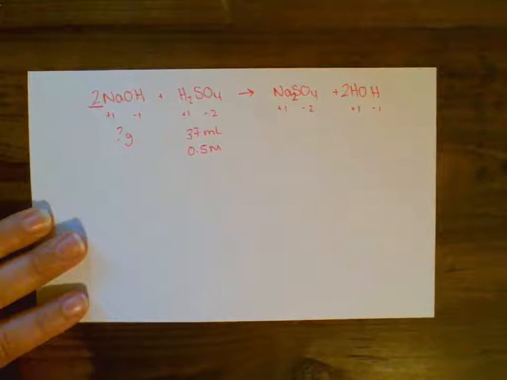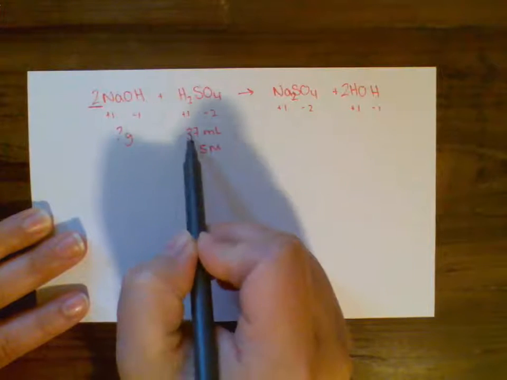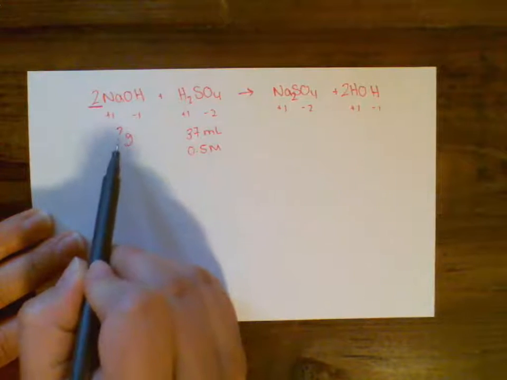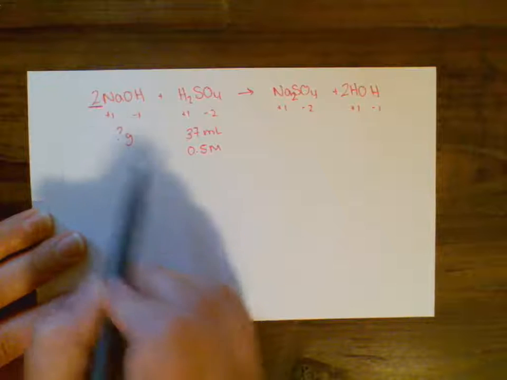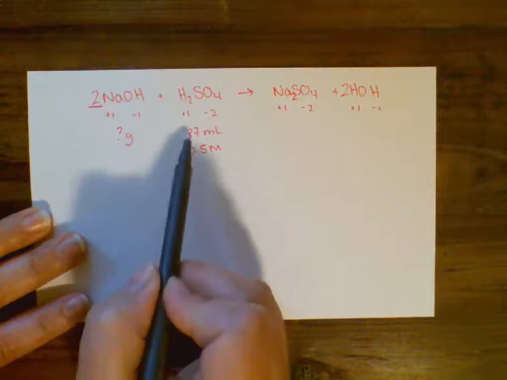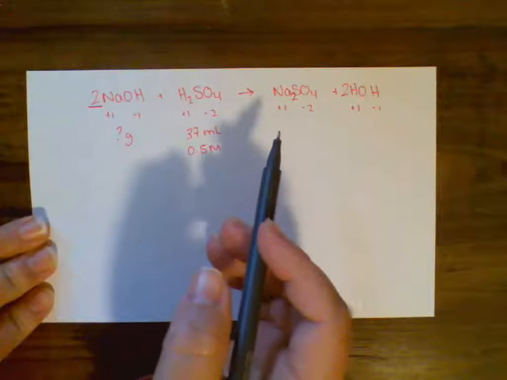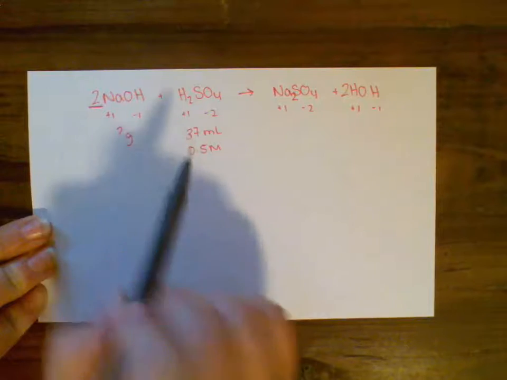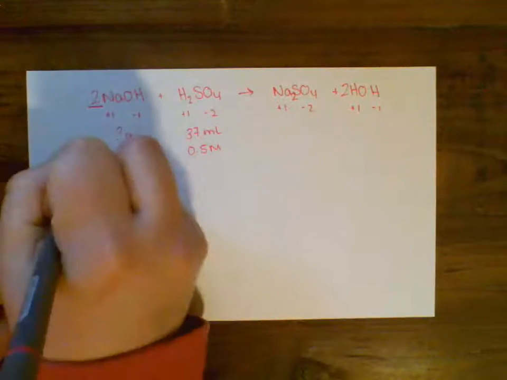So if you can picture that in your head, I've got 37 milliliters of this. I need to know how much of this am I going to put in to react with it. Okay? So when I do my stoichiometry, I always start with the number that I'm given that is not a molarity. So in this case, that's 37 milliliters. So here I'm going to start my 37 milliliters.